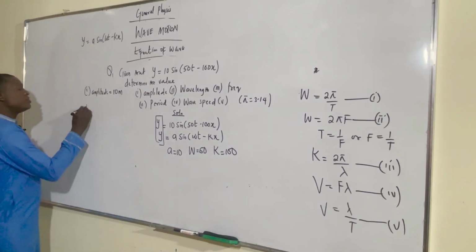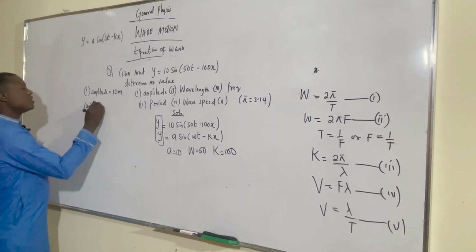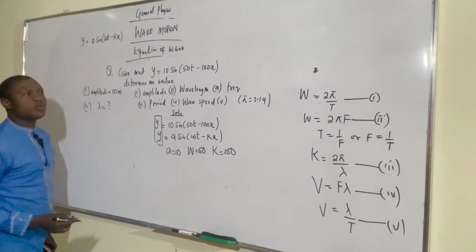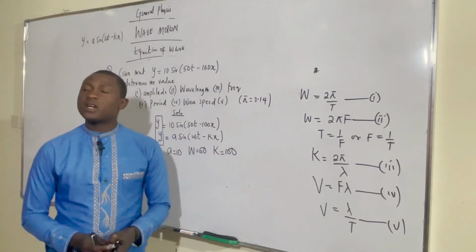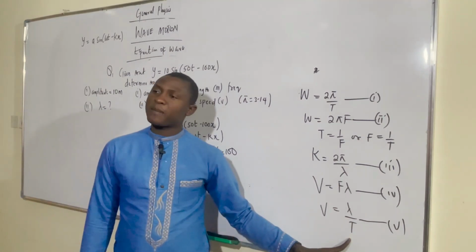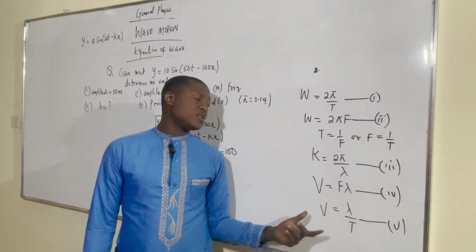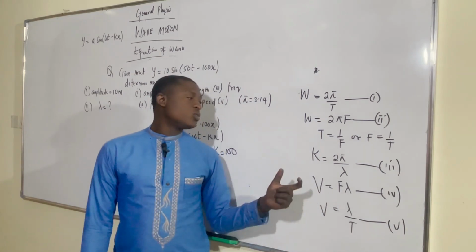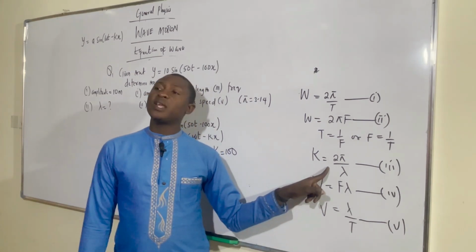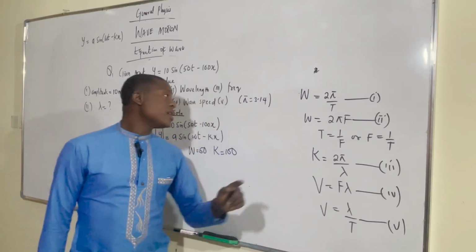So the second question, they say we should find the wavelength. So look at the equation. Which one can we use to find the wavelength here? Can we apply this one or this one? The answer is no, because we don't even have the frequency, talk less of having the wave speed. So which one can we apply? We can only apply this one because the value of k is known.